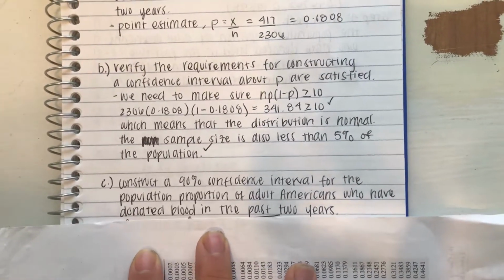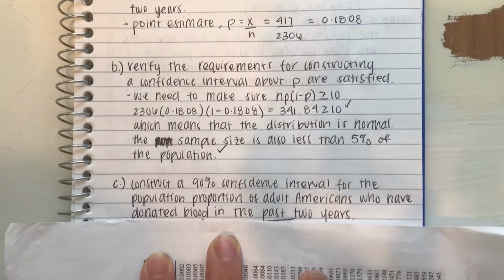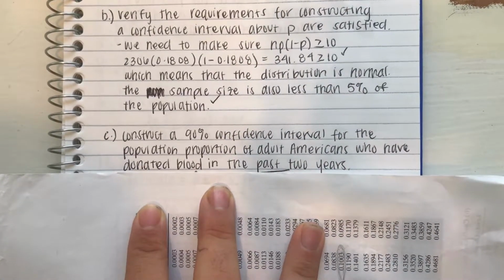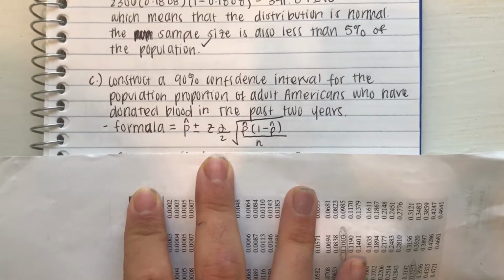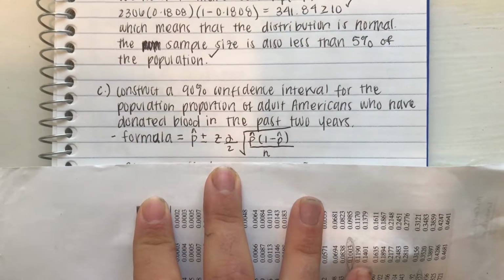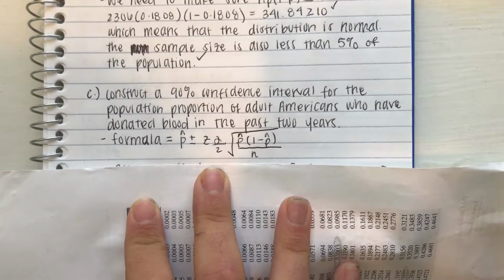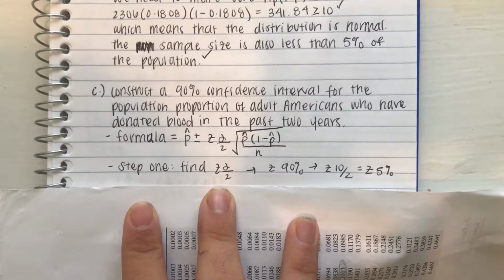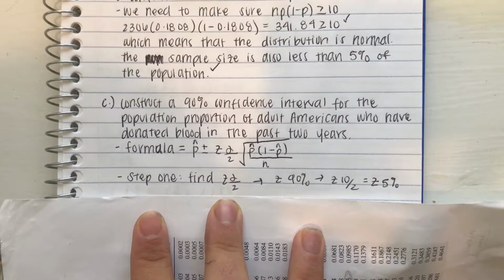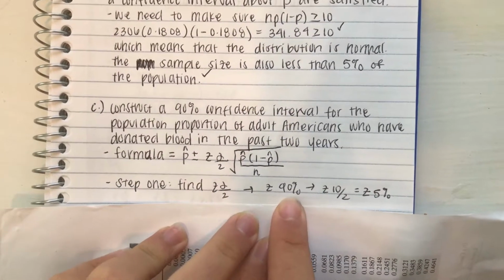So now C, construct a 90% confidence interval for the population proportion of adult Americans who have donated blood in the past 2 years. So we have the formula P hat plus or minus Z alpha over 2 times the square root of P hat times 1 minus P hat over N. Step 1 is to find the Z alpha over 2, which we know we have a 90% confidence interval.